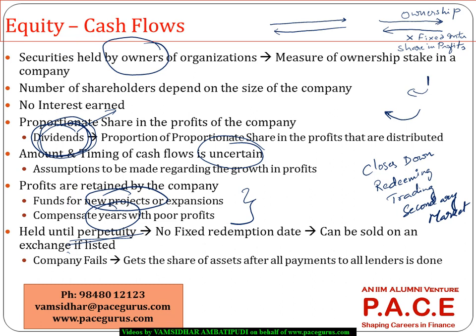But one more thing about the equity securities is, in case the company is failing, the investor will get the share of the assets of the company only after the payments for all the lenders and all the other liabilities of the company have been made. They are the guys who get the last possession in the assets of the company.